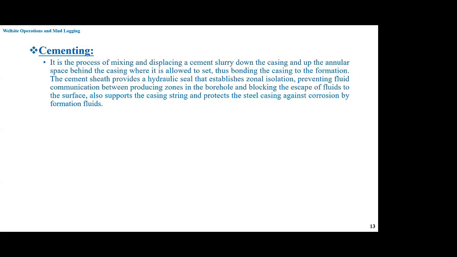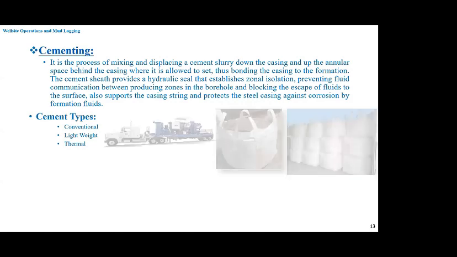Also to prevent corrosion of the casing and to support the casing. There are a lot of types of cement, but these are the most known and most used types: conventional cement and lightweight cement, also thermal cement. Each one should be used based on the conditions of the formations and the well.